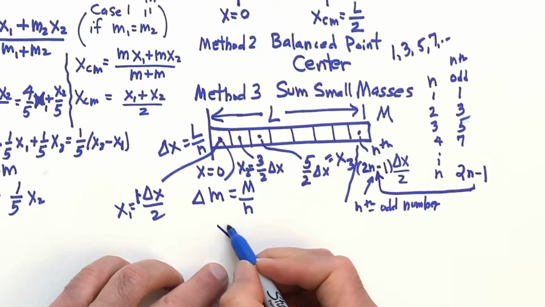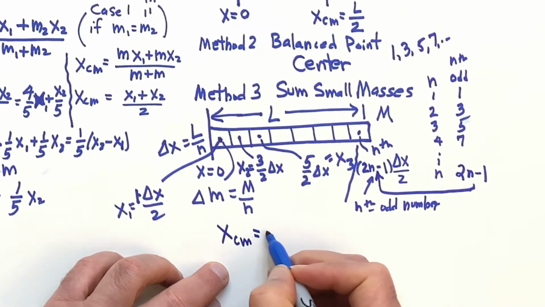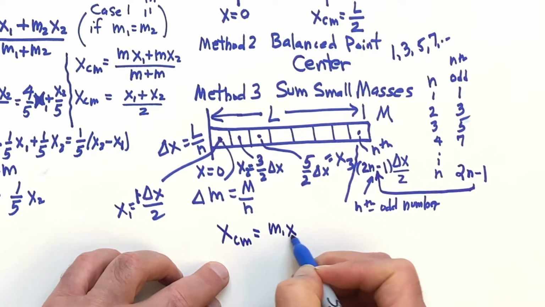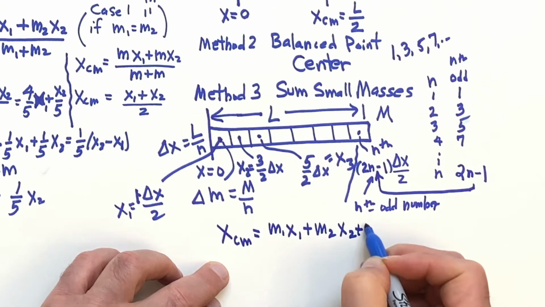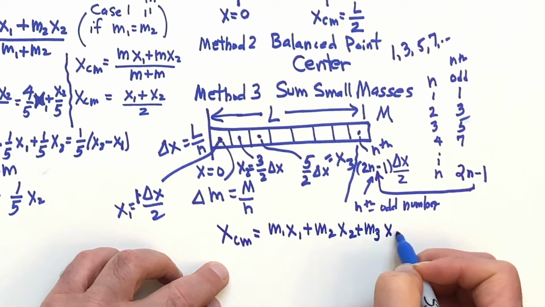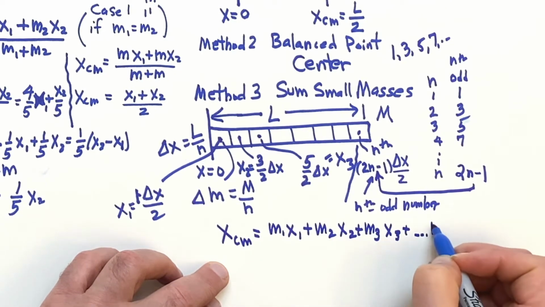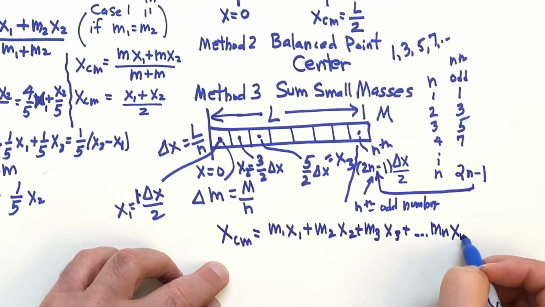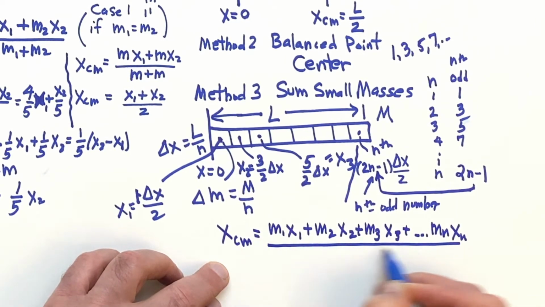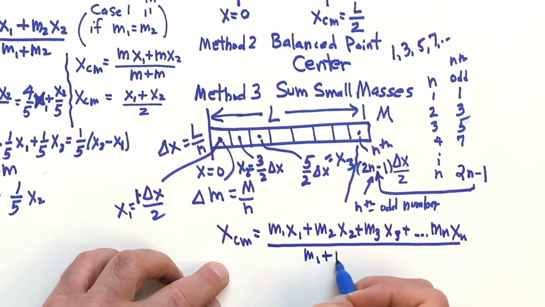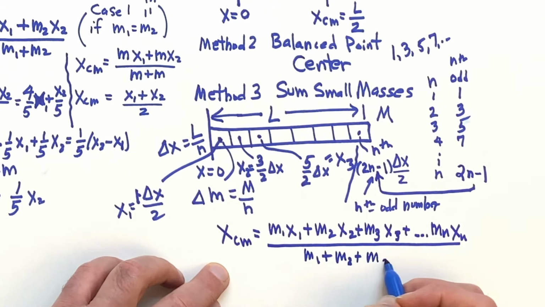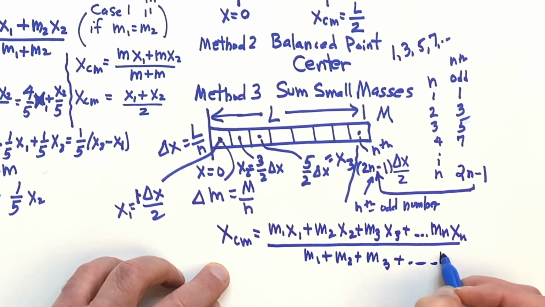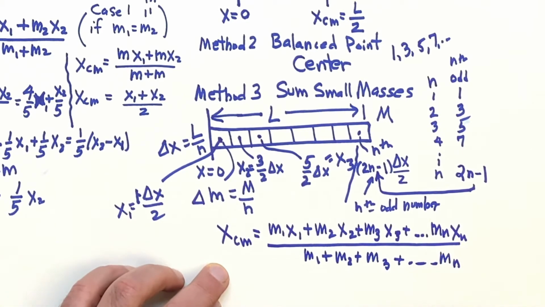So when you use the formula for x_CM, you need to have m1 x1 plus m2 x2 plus m3 x3 plus ... mn xn, and then you're going to divide by the sum m1 plus m2 plus m3 through mn.